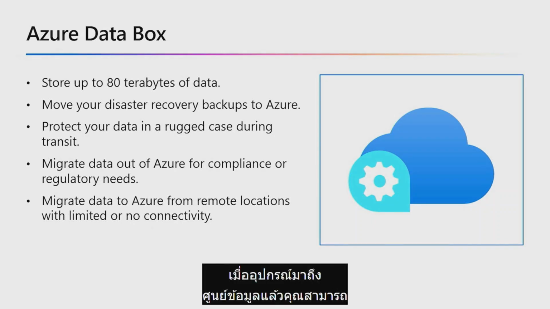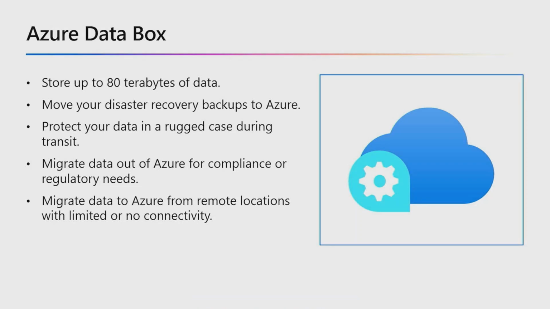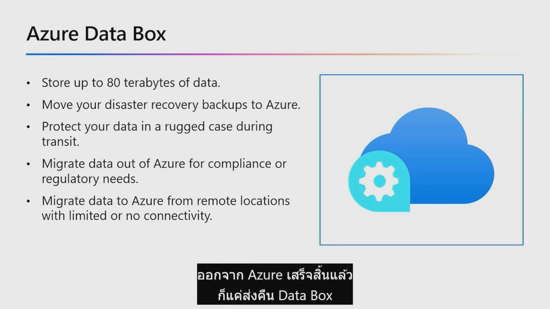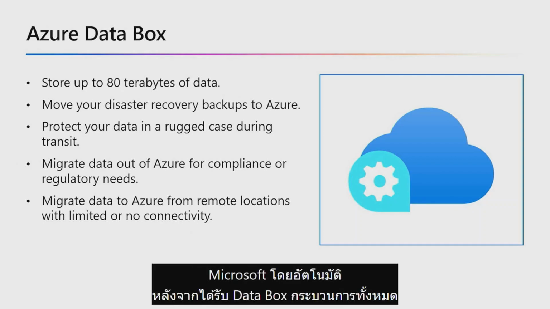Once the device arrives at your data center, you can quickly set it up using a local user interface. After completing the data transfer to or from Azure, simply return the Data Box. When transferring data to Azure, the data is automatically sent back to Microsoft after they receive the Data Box.